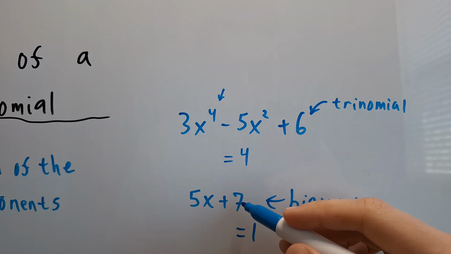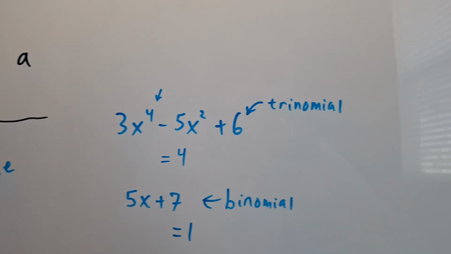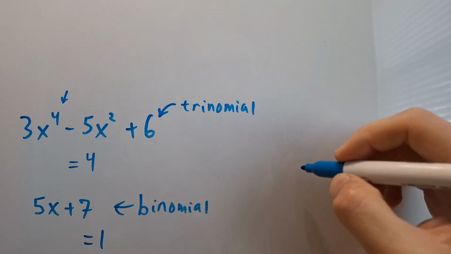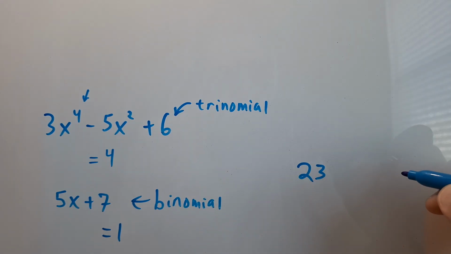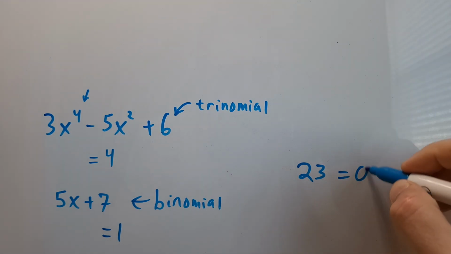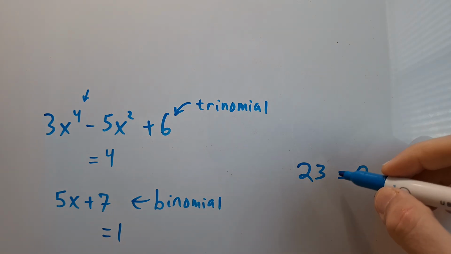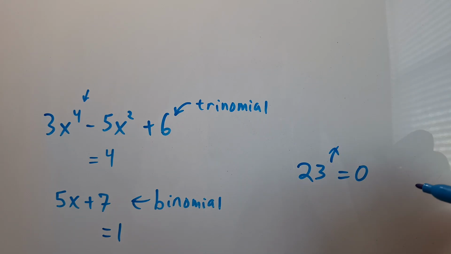The degree of a number is 0. And to illustrate that, I'll show you right over here. If I just had a random number like 23, the degree of this polynomial is 0 because remember when we were talking about 0 exponents?